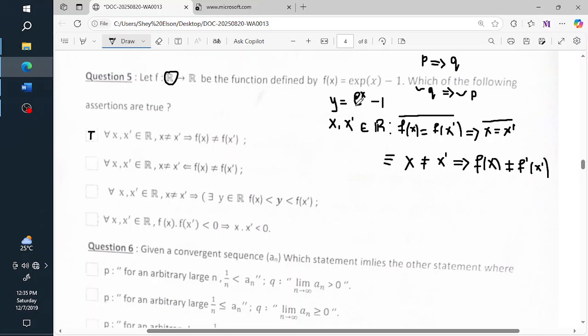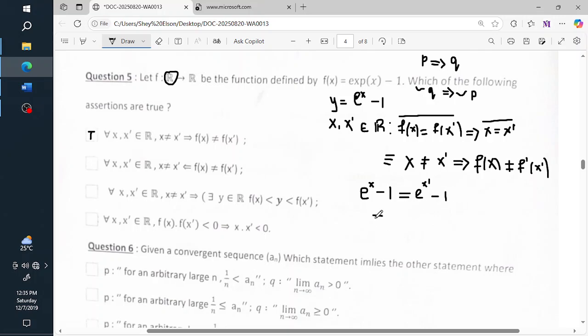We just need that e to the x minus 1 equal to e to the x prime minus 1, and we verify if x is equal to x prime. So you are going to put this down into writing. If e to the x minus 1 is equal to e to the x prime minus 1, what it means is that x is equal to x prime.